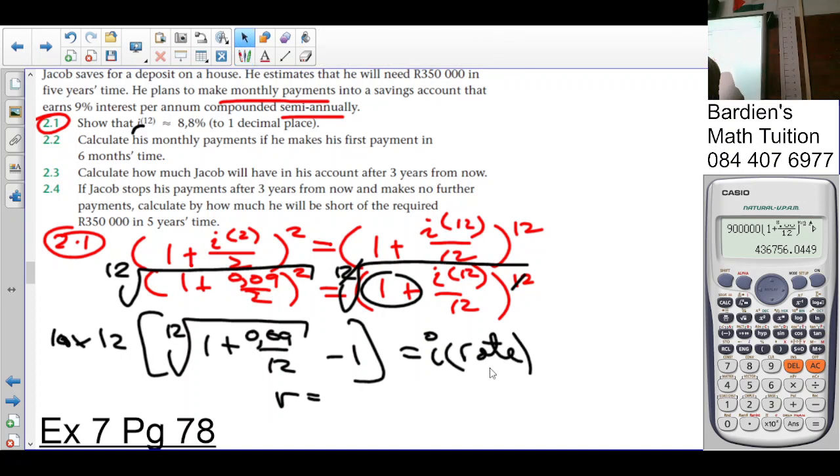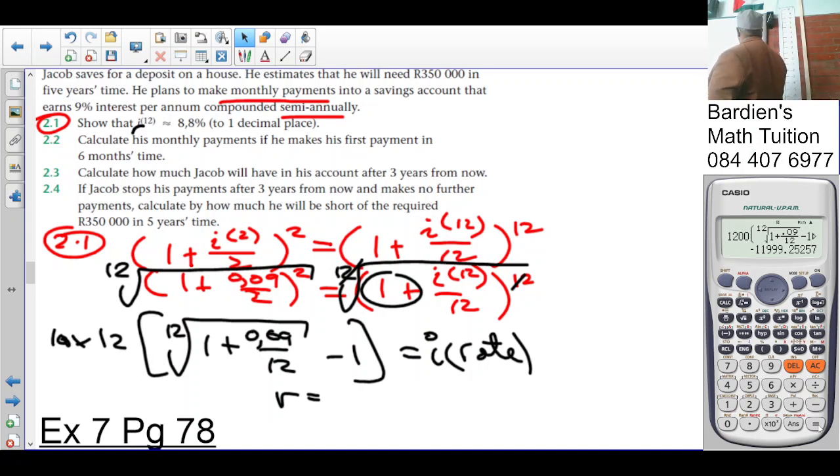Okay. So it's going to be 1200, open brackets, the 12th root of 1 plus 0,09 over 12, minus 1.